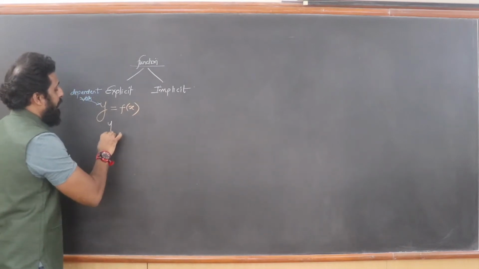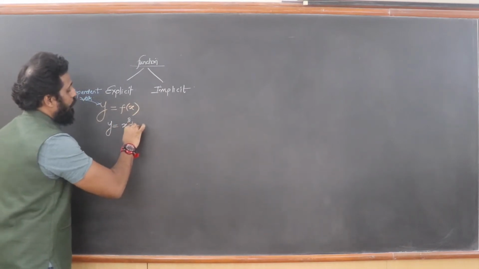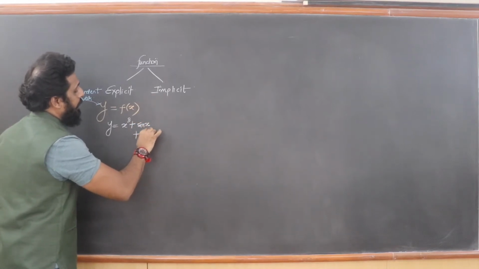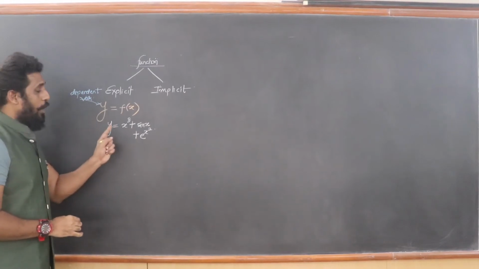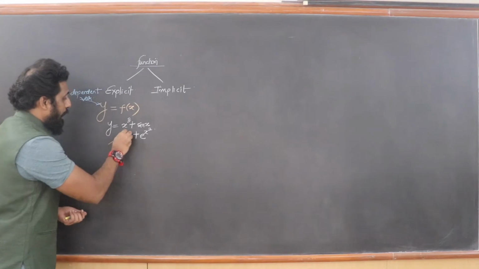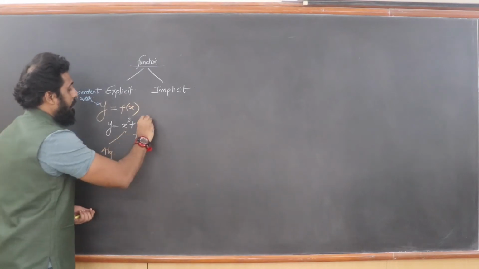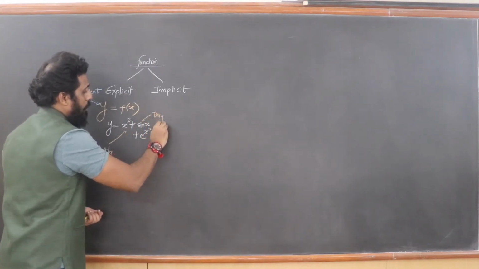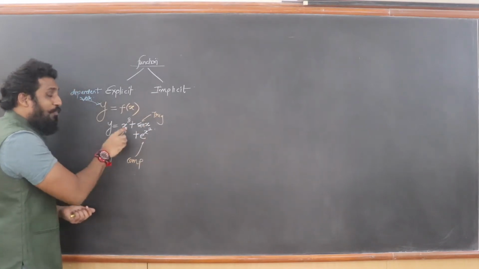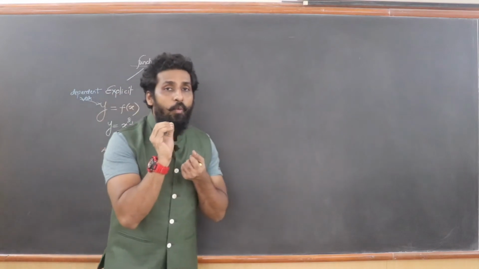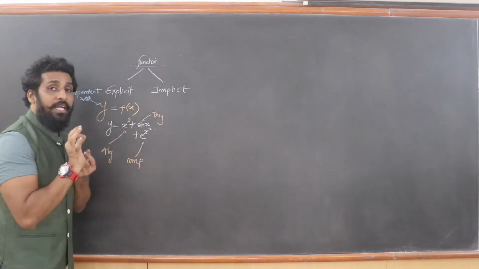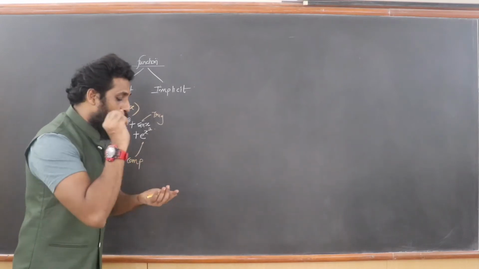For instance, I can write like this: y is equal to x cube plus sine x plus e raised to x square. Over here you can observe that on the right hand side there is an algebraic function, a trigonometric function, and a composite function, isn't it? But all the functions contain only one variable, that is x.